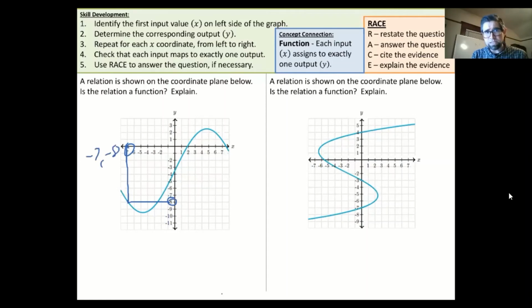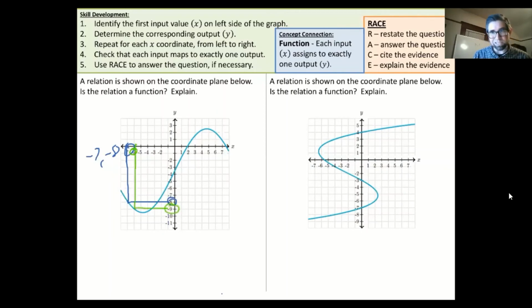Step 3 says, repeat for each x coordinate moving from left to right. Let's go ahead and start that. I'm going to change colors here so we can see the difference. I'm going to go to -6 on my x-axis. Let's check to see what the y output is. I draw a line down to my relation. There's only one point that it's assigned to, and that would be -9.